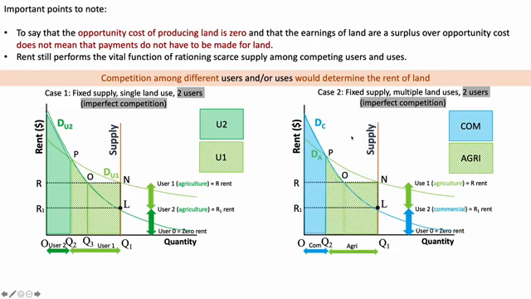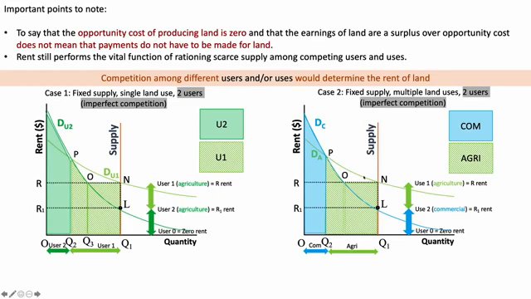Similarly, if we are talking about two different uses and two different users, it is probably a bit simpler to understand, because here we are saying that the second user would want to use the land for commercial purpose and the first user would want to use the land for agricultural purpose. The concept is similar again, since for commercial land the demand is low when the quantity is higher, that is between Q2 and Q1.